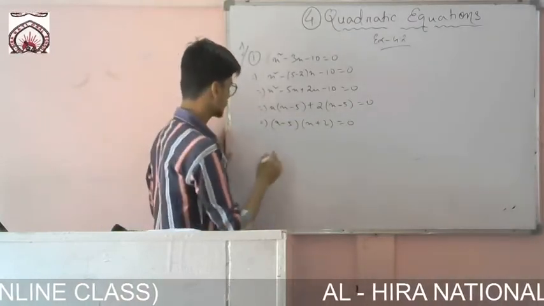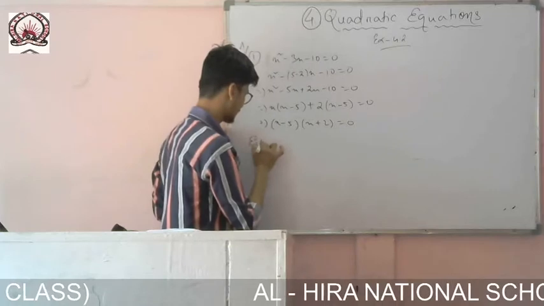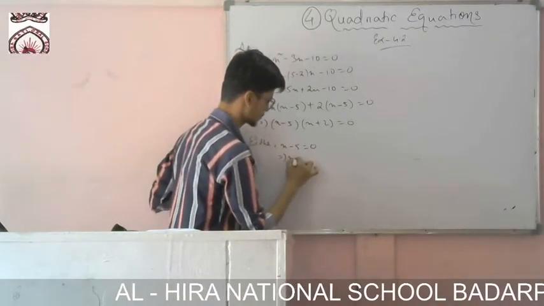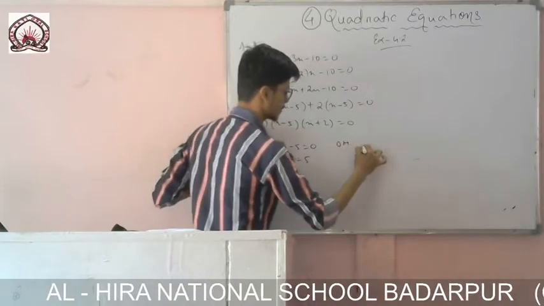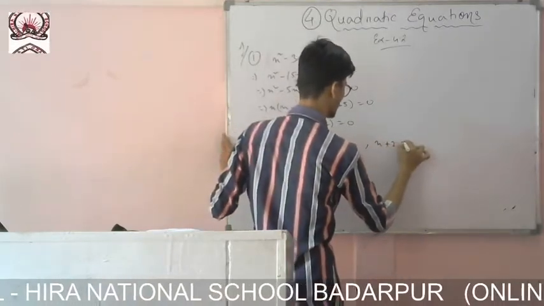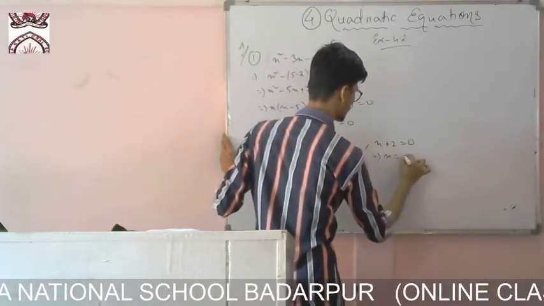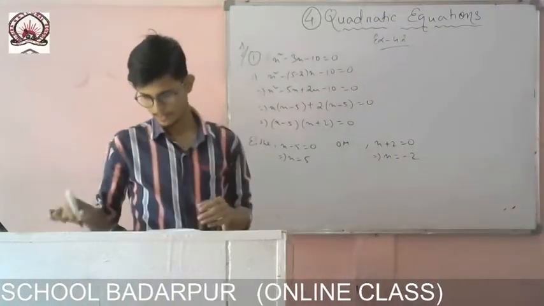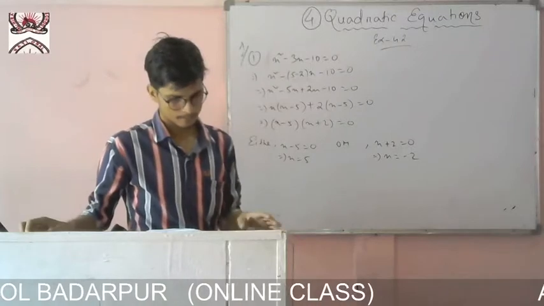So I can write it either x minus 5 equals to 0, that means x equals to 5, or x plus 2 equals to 0, that is x equals to minus 2. So therefore the roots are 5 and minus 2.